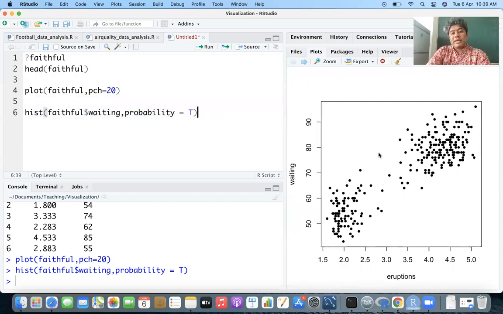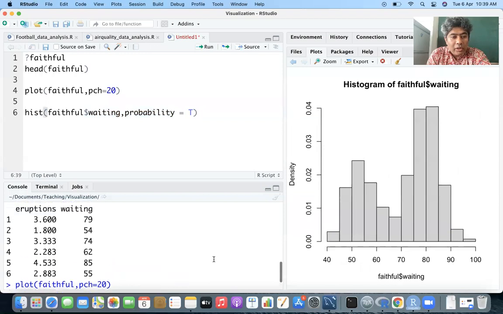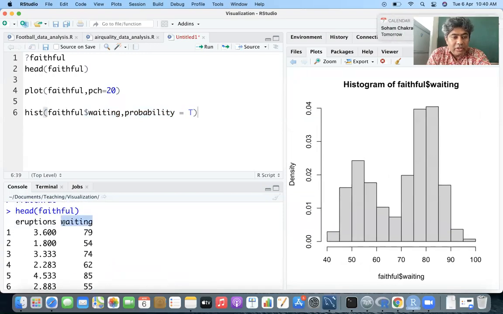Now, set aside all those things. The question is, if I just want to fit a probability distribution on the waiting variable, what kind of distribution would you like to choose?